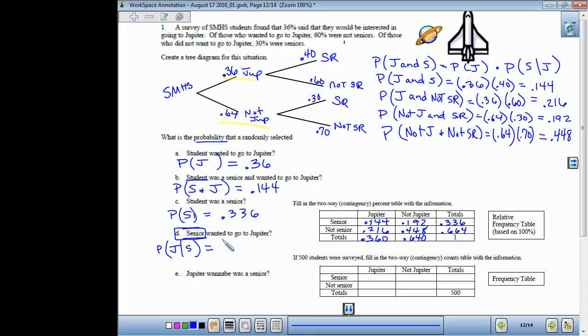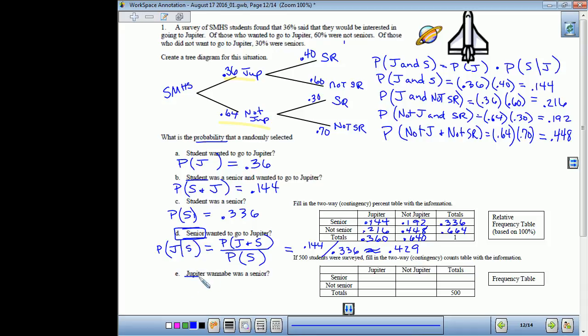The intersection of the two would be the probability of J and S over the condition, the probability of senior. So Jupiter and senior is 0.144 over senior, which is 0.336. Do you see how we have to use this formula? Intersection over the probability of the condition. And this gives us approximately 0.429.